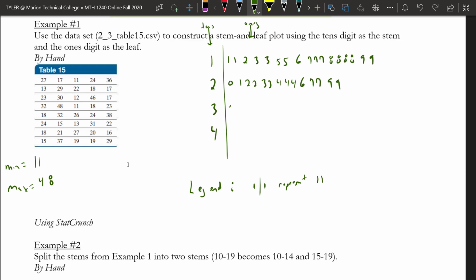Now we're into the 30s, so there's 30, 31, two 32s, so I need to draw two 2s, 36, 37, and 38. And then I have a 46 and a 48. So this represents a stem and leaf plot.